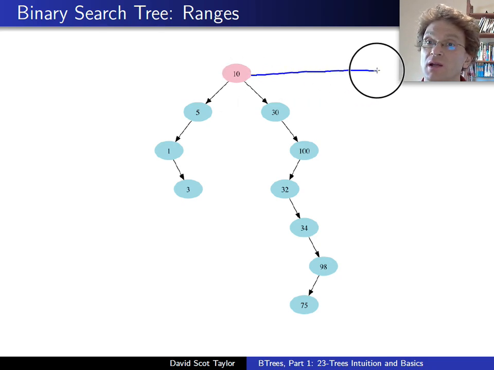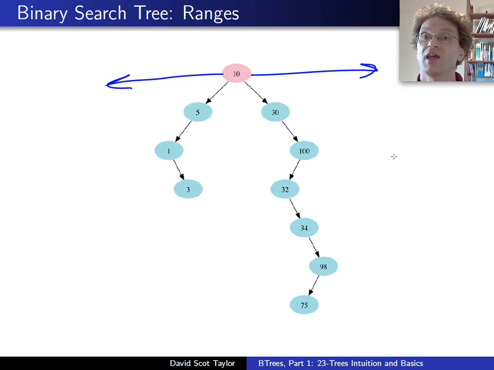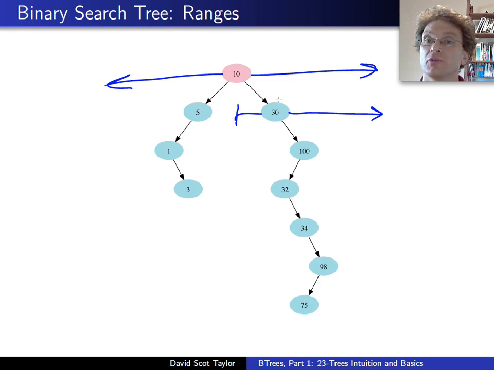They're binary because each key cuts a number line into 2 parts. So this 10 cuts the infinite number line from negative infinity up to infinity into 2 parts, right? And this 30 cuts its number line into 2 parts. We go from 30 up to infinity, and 10 up to 30.